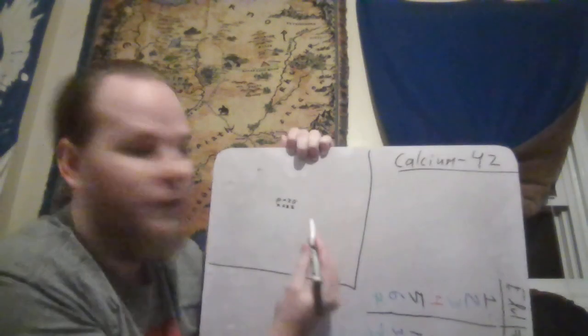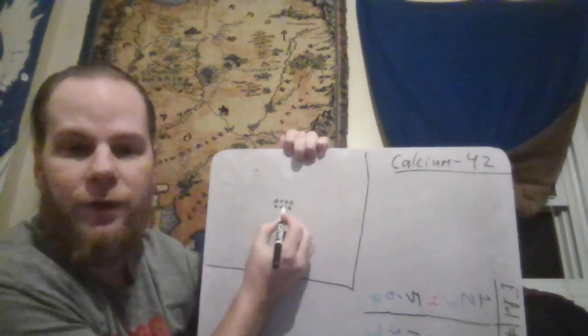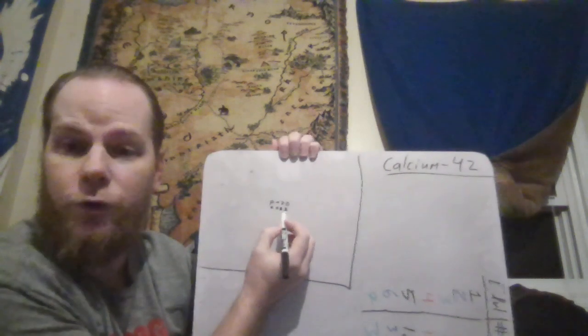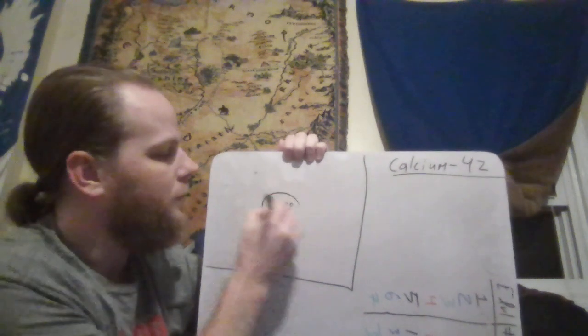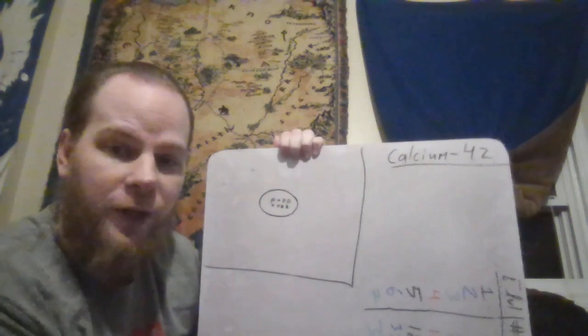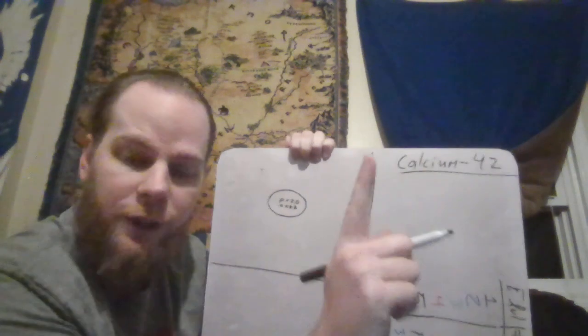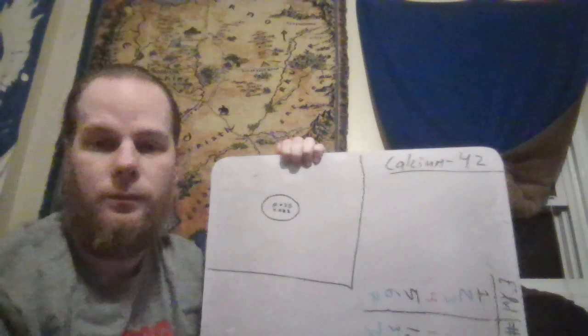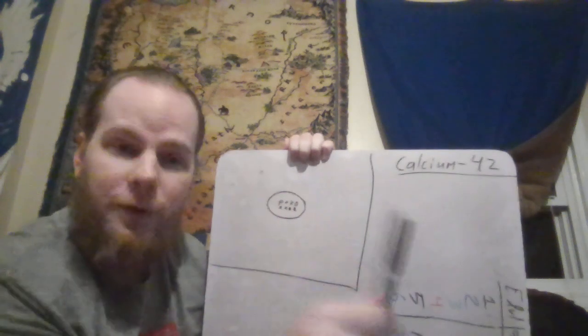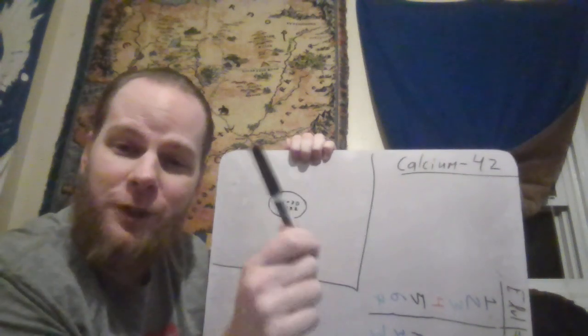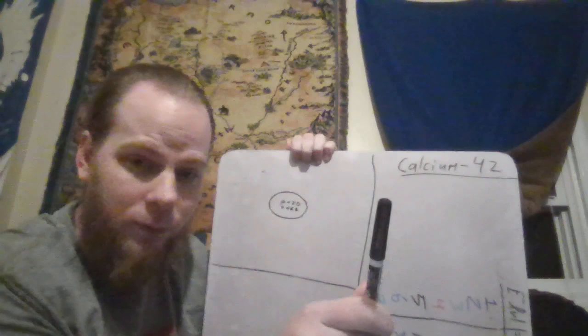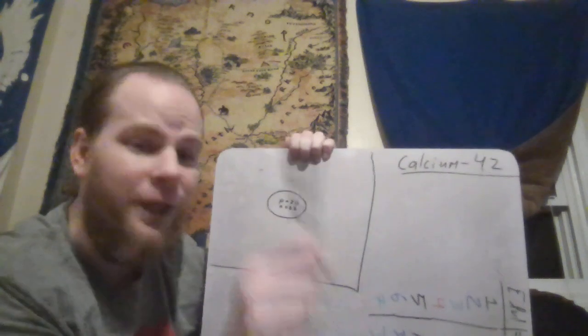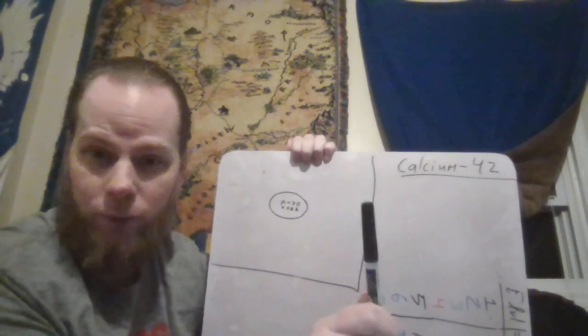Okay. Now, around this nucleus, because this here is our nucleus, around this we are going to draw a circle. This circle represents the first energy level of the atom. Okay? And I almost ran away without mentioning this. For now, we are going to assume that all atoms are neutral.